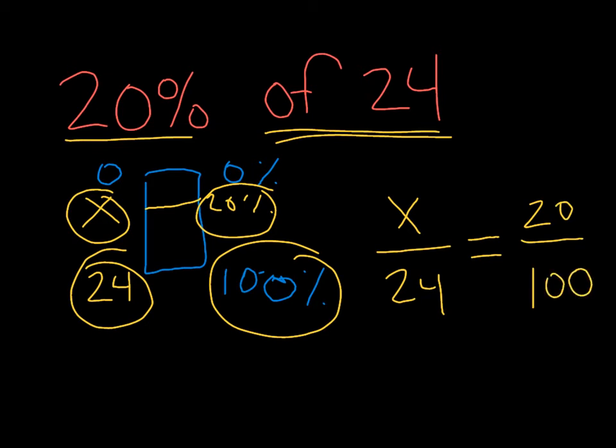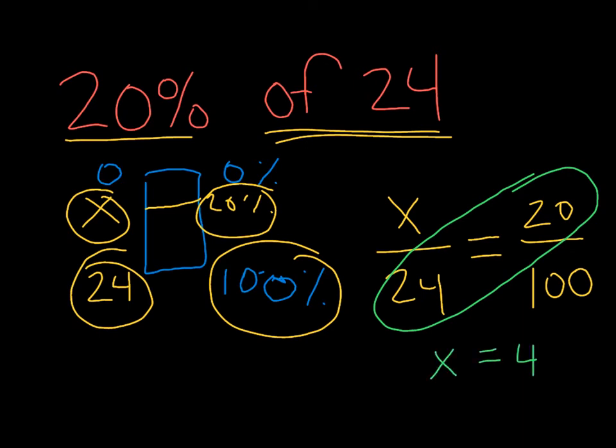Now this time I can't scale from 24 over to 100 very quickly, so I'm just going to cross multiply. I have 24 times 20, and that's 480, and then I divide by 100. So x equals 4.8.